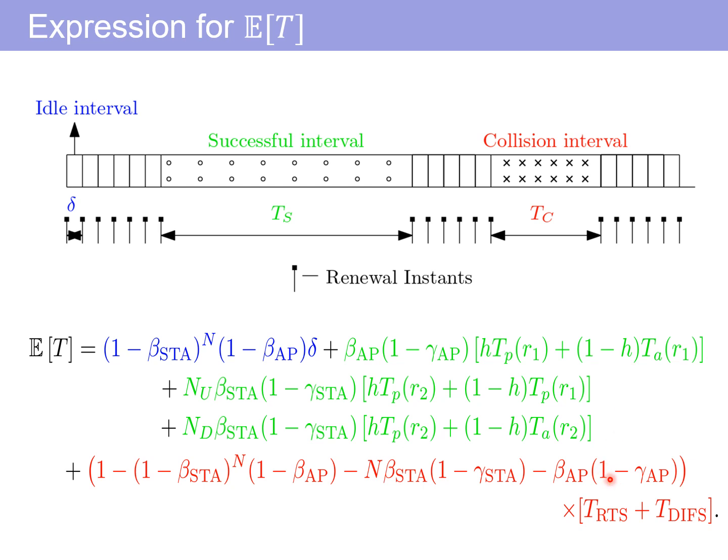A collision event occurs when one of the nodes collides with another, and the probability of this happening is 1 minus the probability of an idle event occurring minus the probability of a successful event occurring. And the renewal duration during a collision interval is TRTS plus TDIFS, which is the time duration to send an RTS packet and a DIFS interval.